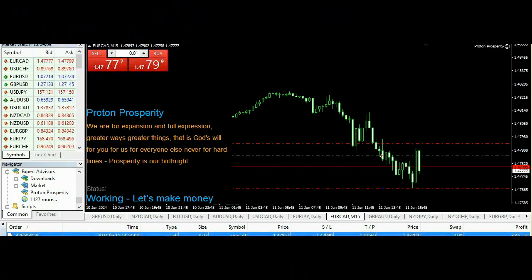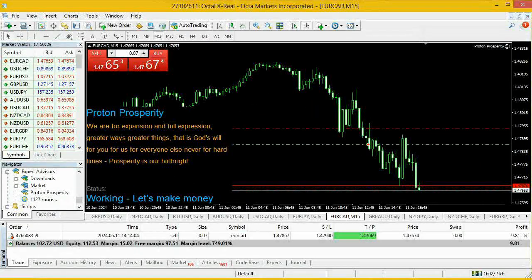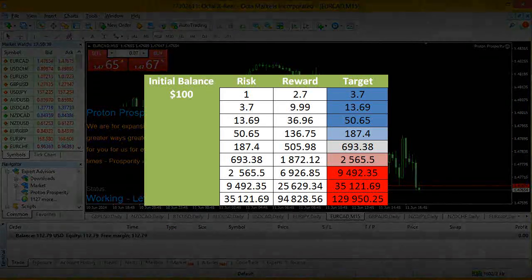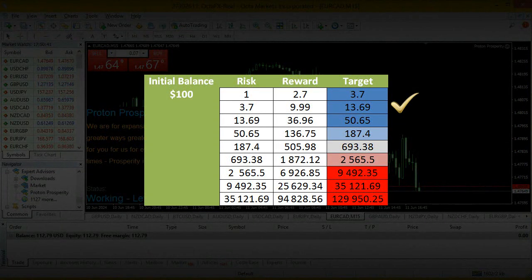About 3 hours 35 minutes into the trade. Take profit triggered. Our take profit is triggered. That brings us here.